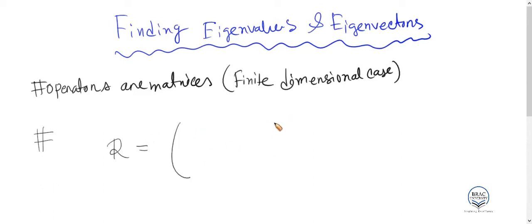And this is a rotation operator about the x-axis with an angle pi by 2, and it's given by 1 0 0, 0 0 minus 1, and 0 1 0.